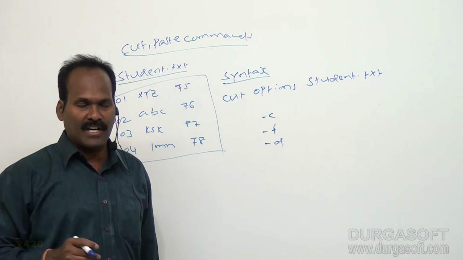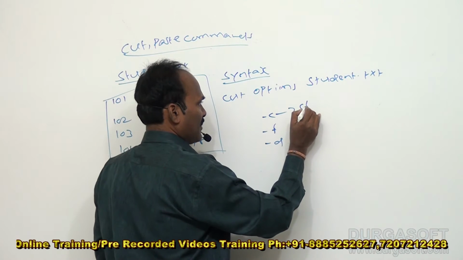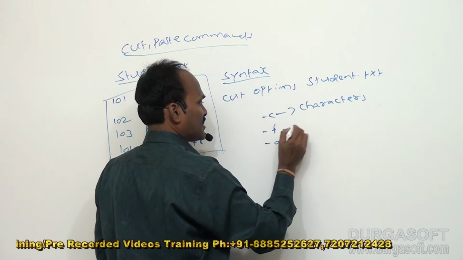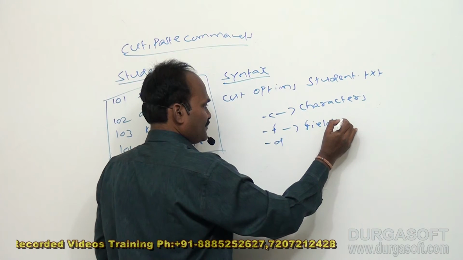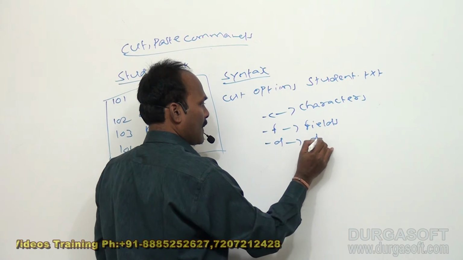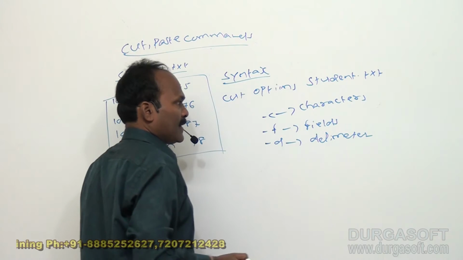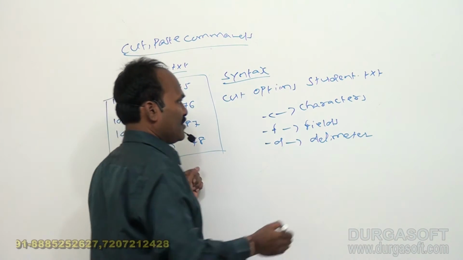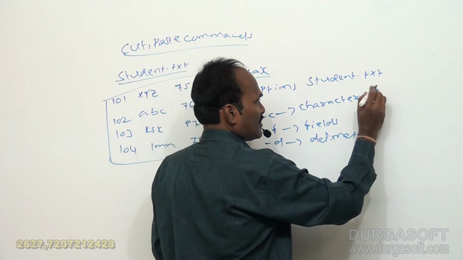So the field separator you can specify with the -d option. -c, -f, -d. Using -c we can specify characters.